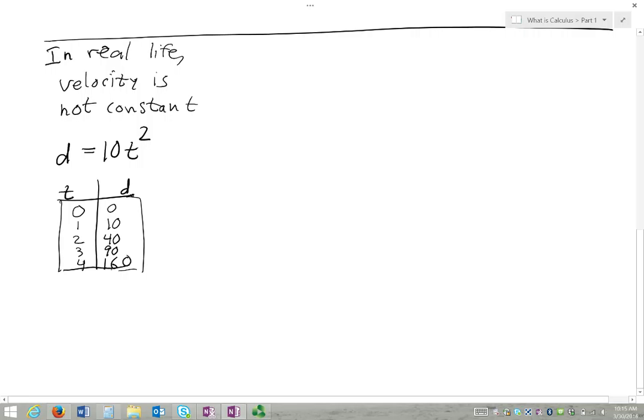So let's see what the graph of this would look like. So again, let's keep the same scale, and let's keep the same scale on the y-axis. So it's going to be 40, 80, and 160.